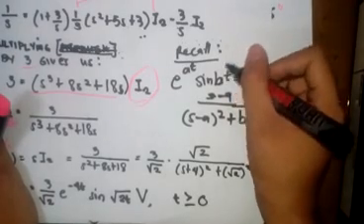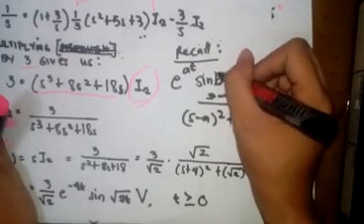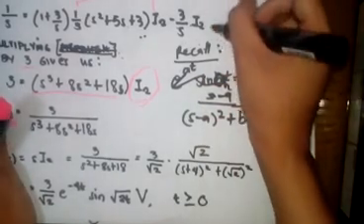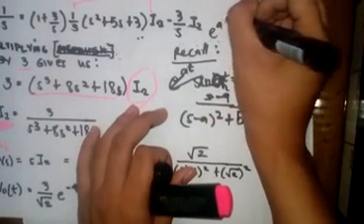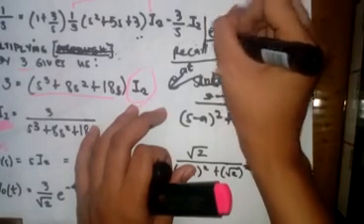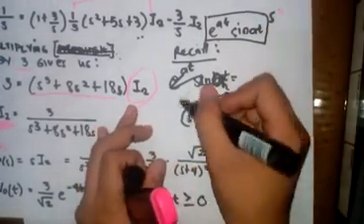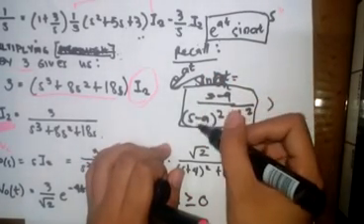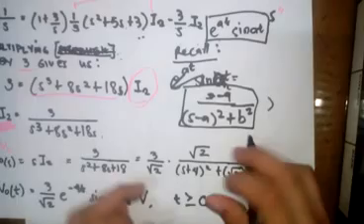I'm sorry for that. Since we are using sine, we have to use b here. We redraw that: e^(at) sine bt, and its equivalent in the Laplace transform would be b over s minus a squared plus b squared.